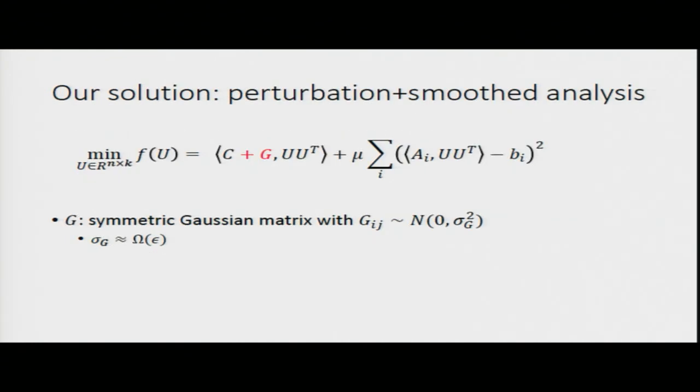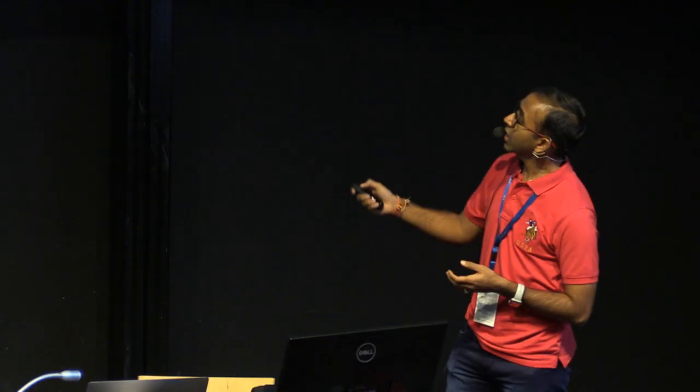And that's what we will do here. That is, we will try to avoid this worst case matrix C by adding a perturbation G, where each entry of this matrix G is a Gaussian with standard deviation sigma G, which is very similar to epsilon. Epsilon is the suboptimality of the solution that we are looking for. So that's it. We just need to perturb our cost matrix, and now we can try to solve this optimization problem.